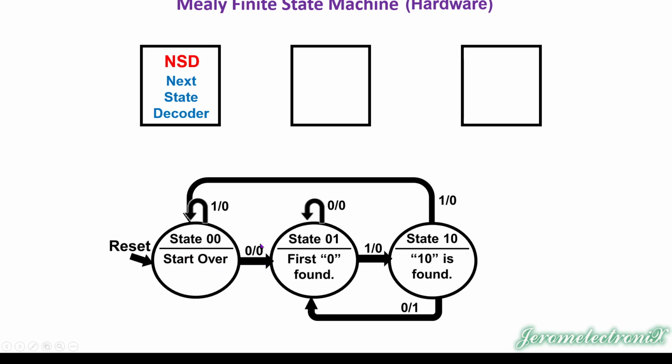Those numbers are given in the reports between the states on the transition lines, transition arrows. And so we want this machine to think by itself. So to think for itself, it needs to tell itself what's the next state based on the input, and that is the job of the next state decoder.